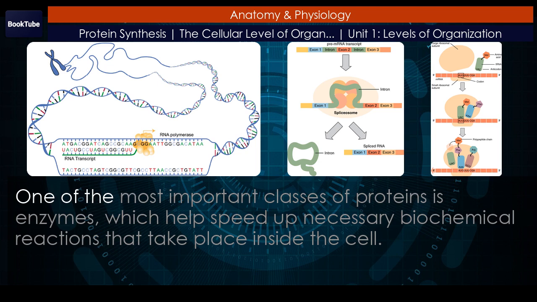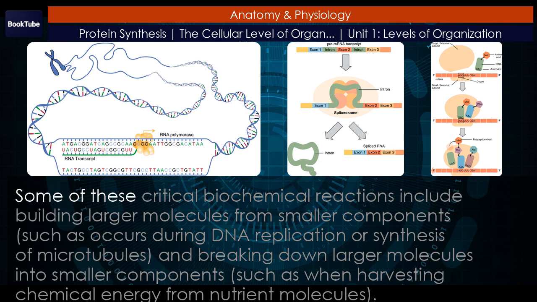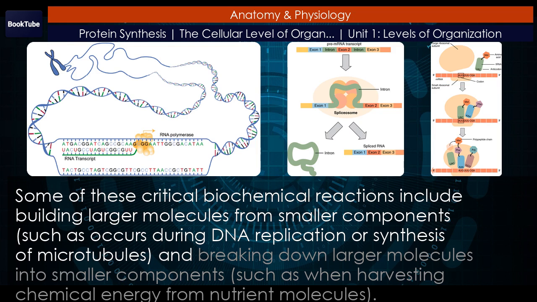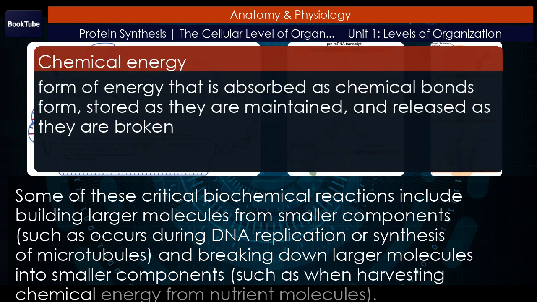One of the most important classes of proteins is enzymes, which help speed up necessary biochemical reactions that take place inside the cell. Some of these critical biochemical reactions include building larger molecules from smaller components, such as occurs during DNA replication or synthesis of microtubules, and breaking down larger molecules into smaller components, such as when harvesting chemical energy from nutrient molecules.